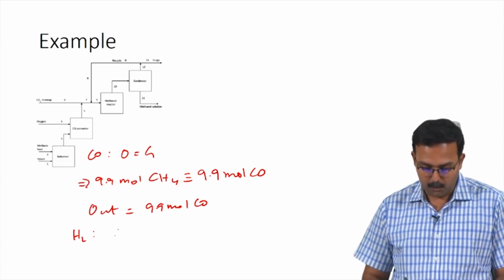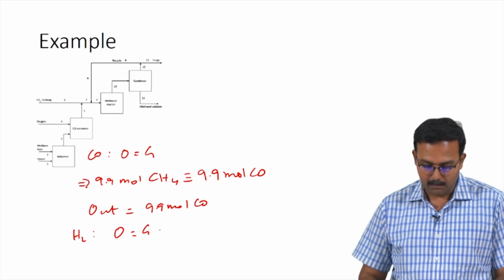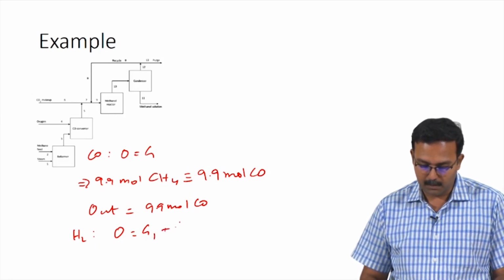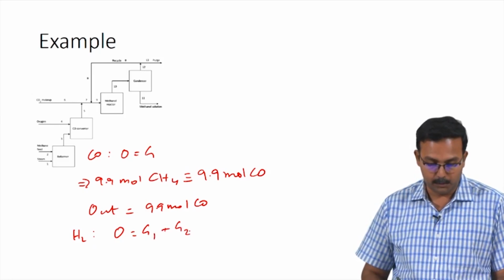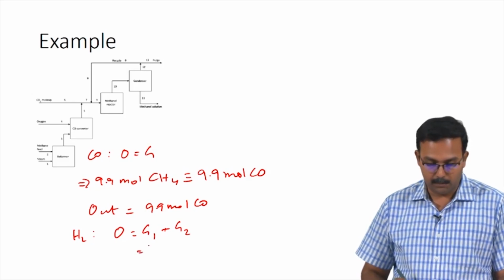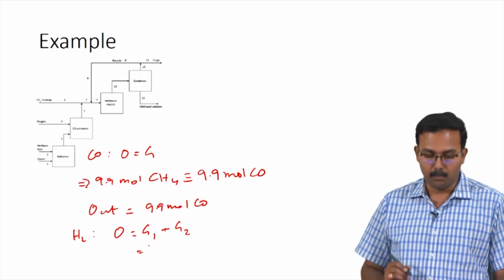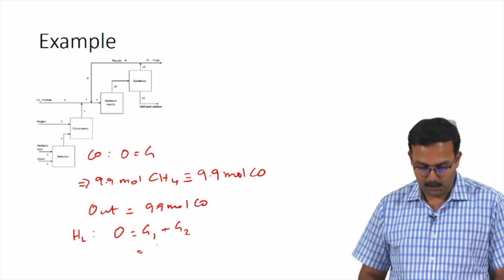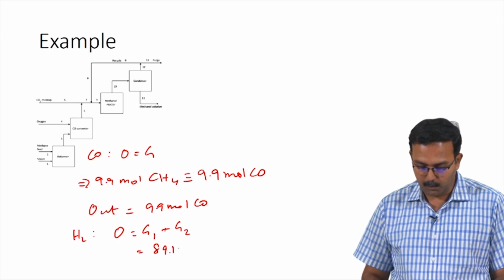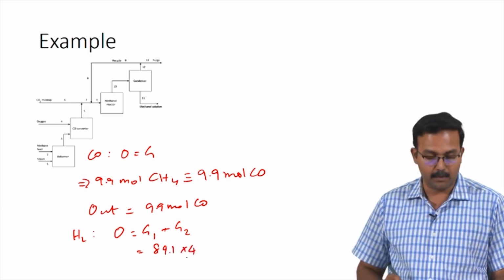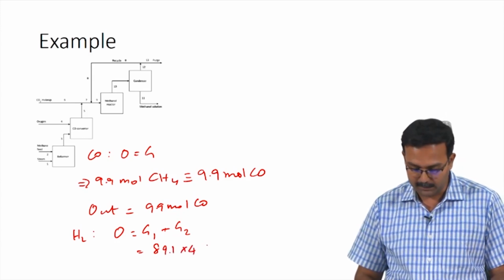So, your output would again be equal to generation, but here you would have two generation terms from reaction 1 and reaction 2. Based on the stoichiometry, we know that for every mole of carbon dioxide produced, 4 moles of hydrogen is being produced. So, 89.1 times 4 would be the generation of hydrogen by the main reformer reaction.